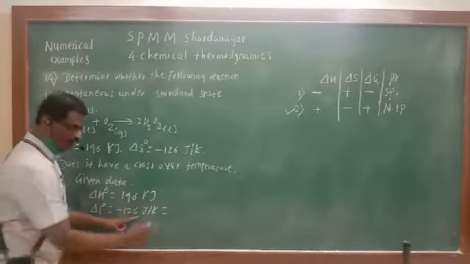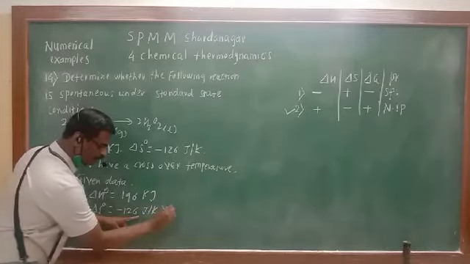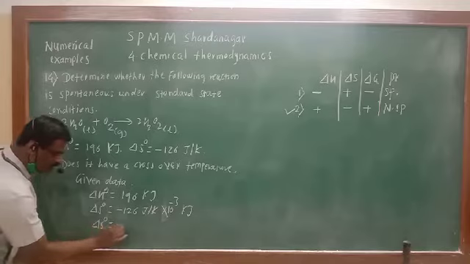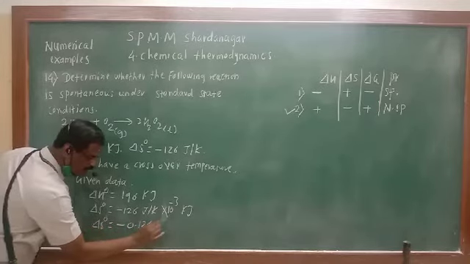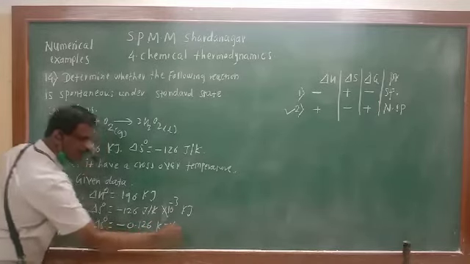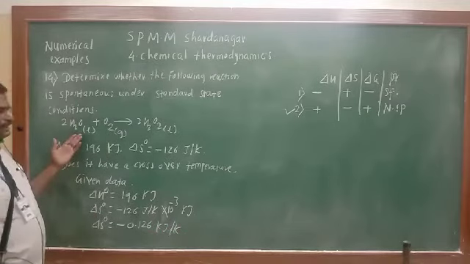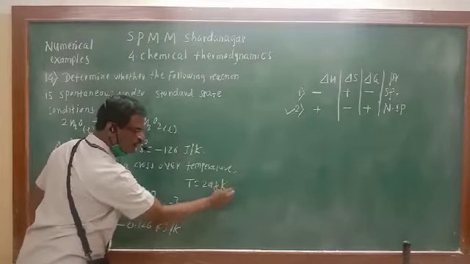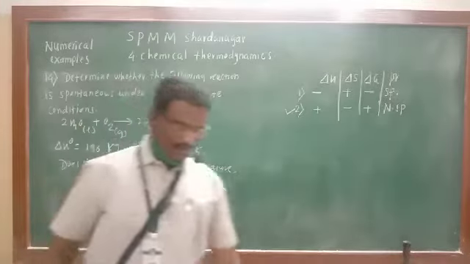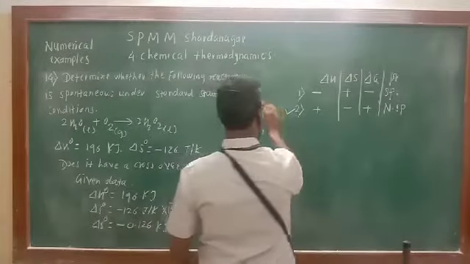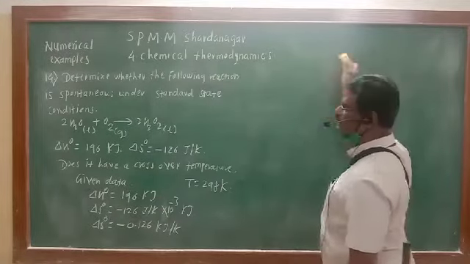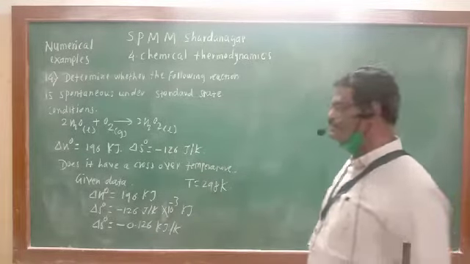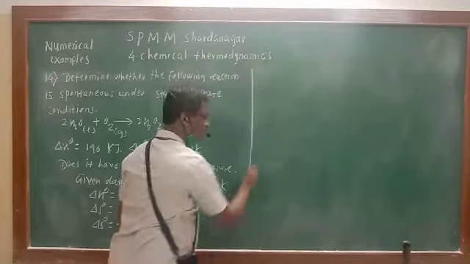This is multiplied by 10 raised to minus 3, so it becomes delta S naught equal to minus 0.126 kilojoule per degree Kelvin. And standard conditions means the temperature we have to use is 298 Kelvin, same as the previous problem, problem number 13 that we just studied. Similar calculations we have to perform here also.